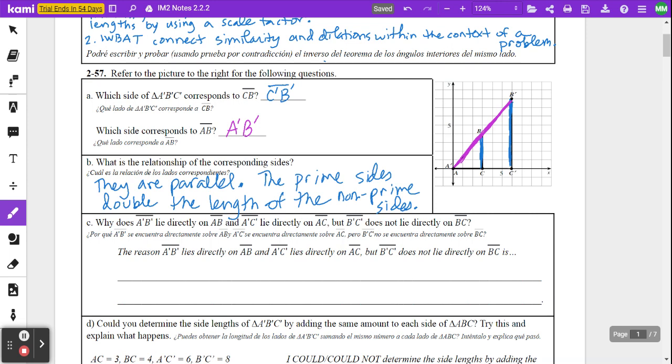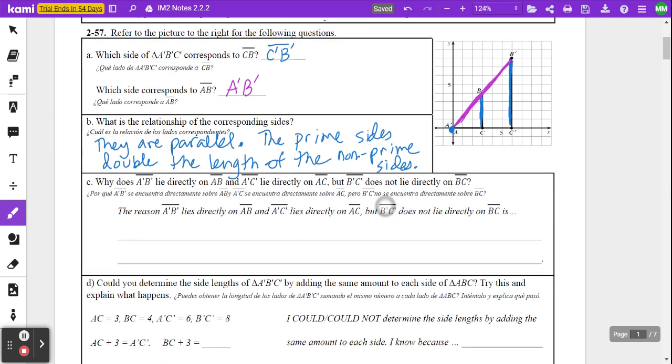Okay, how come A prime B prime lies directly on AB and A prime C prime lies directly on AC, but B prime C prime does not lie directly on BC? Let's think about that. Well, notice that the point of dilation is right here.